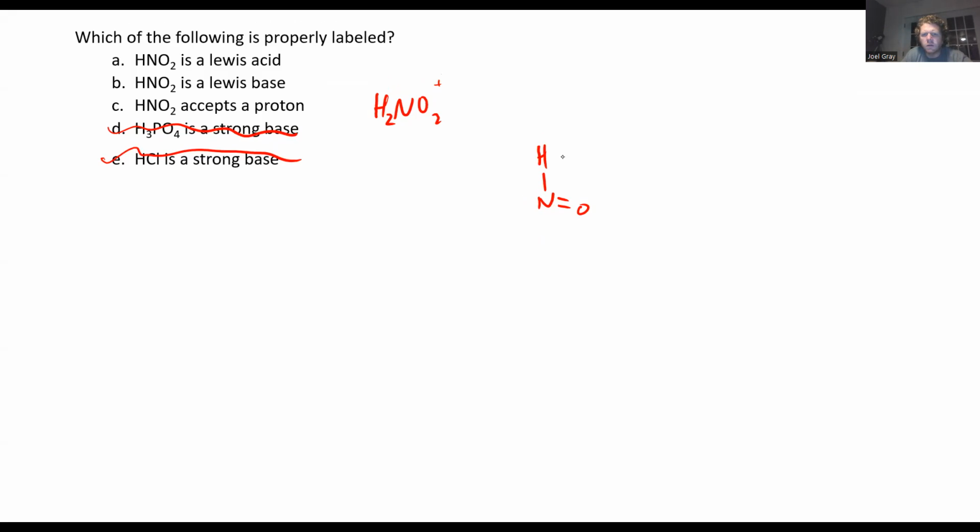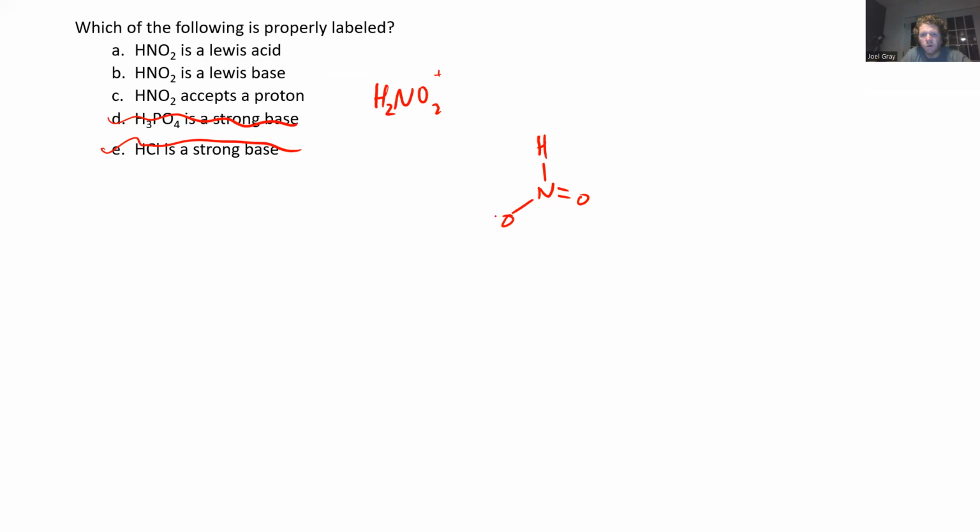Sorry, it's not on that. Yeah, it would probably look like that. An OH. And so that would put that nitrogen with a positive charge, and that nitrogen's really not going to want to take that positive charge on. So HNO2 is not going to accept a proton.